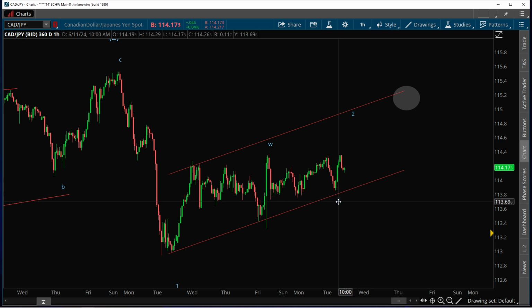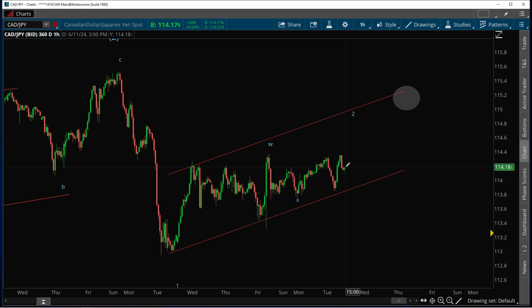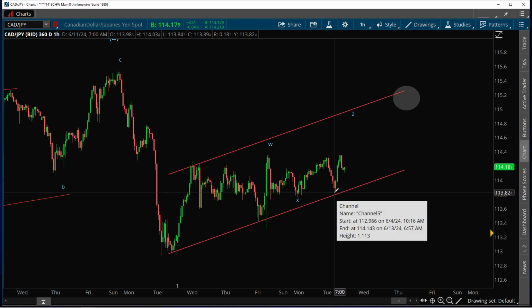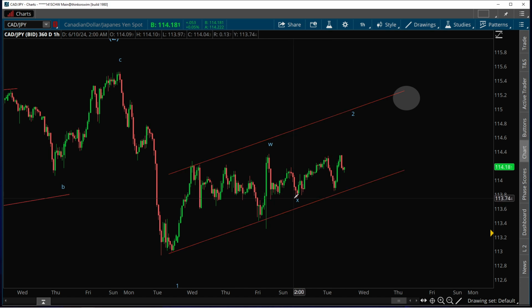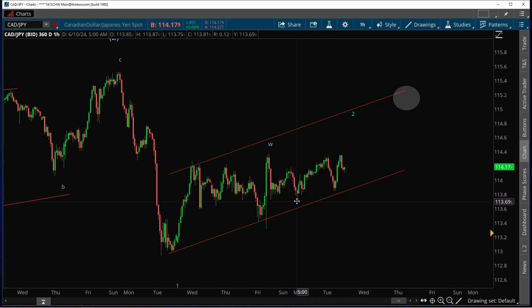So it looks like you've got one correction. This could potentially be your X wave and you're in some kind of a Y now. Now, it looks like this could actually be your X wave over here, and you're probably building out some kind of Y. This thing could get more complex.